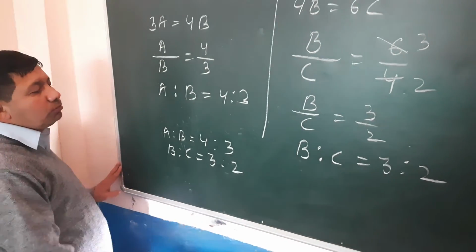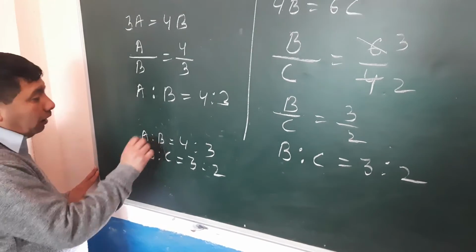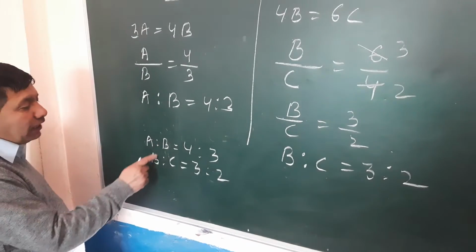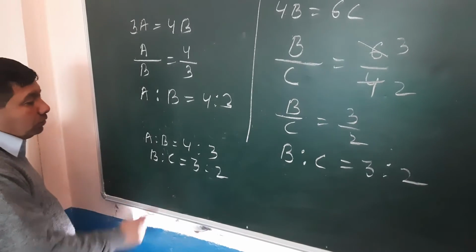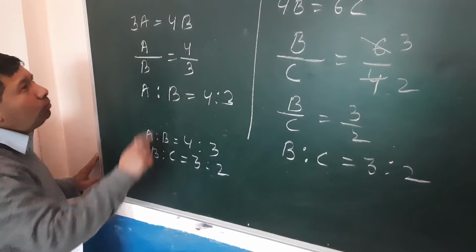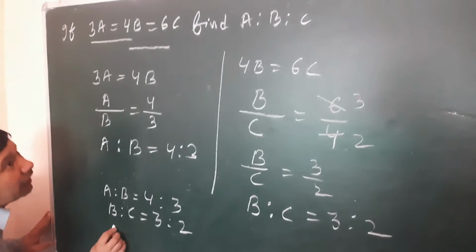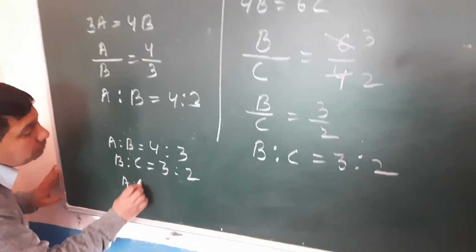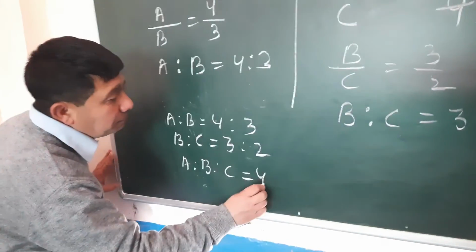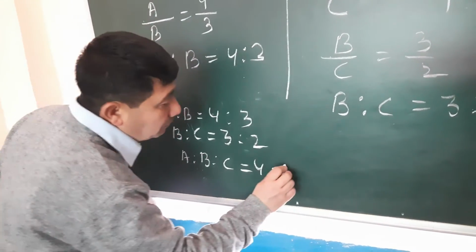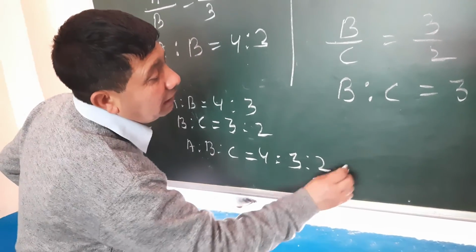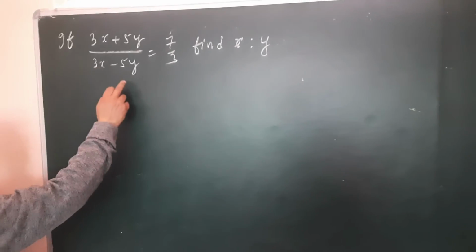So no need to multiply, because actually you have to find these values the same. So that's why these 3 and 3 are the same. So don't change. So now you have to find the value of A is to B is to C. So you know A is 4, B is 3, and C is 2. So this is your answer.